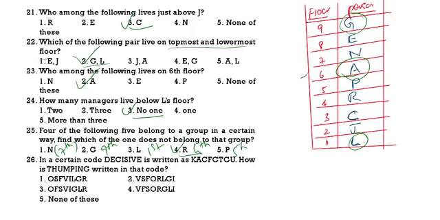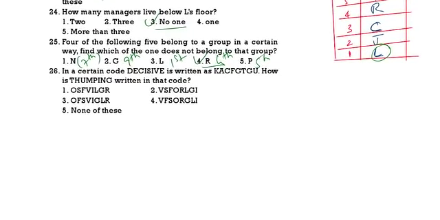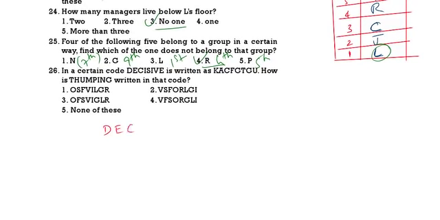In a certain code language, decisive, D-E-C-I-S-I-V-E, is written as K-A-C-F-G-T-G-O. So how are you writing decisive as this? See here.